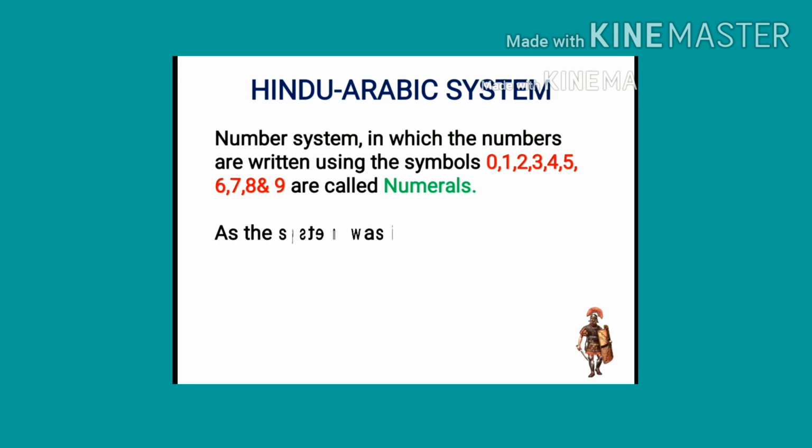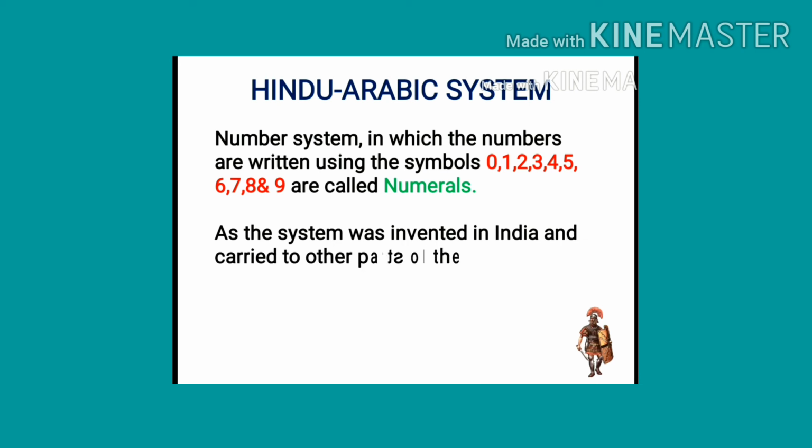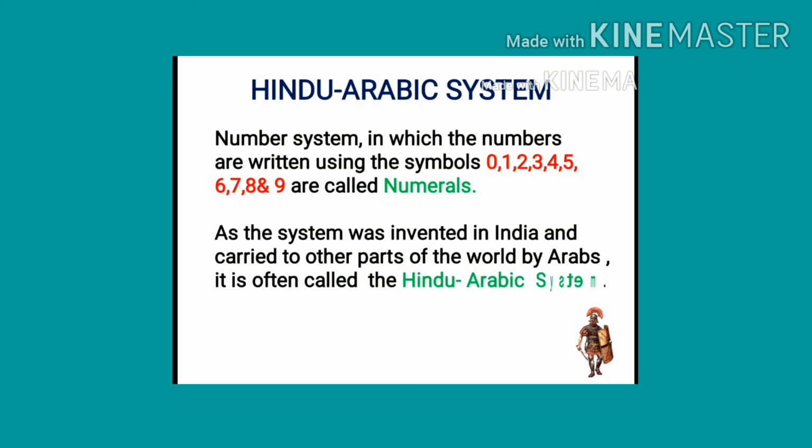As the system was invented by the Indians and carried to other nations by the Arabs, this system is called the Hindu-Arabic system. So, the number system which the Indians used is called the Hindu-Arabic system.